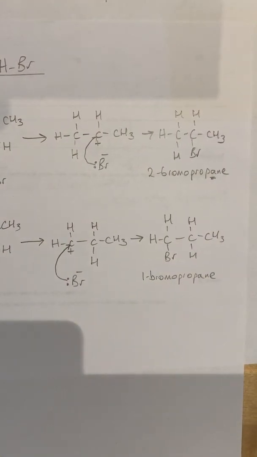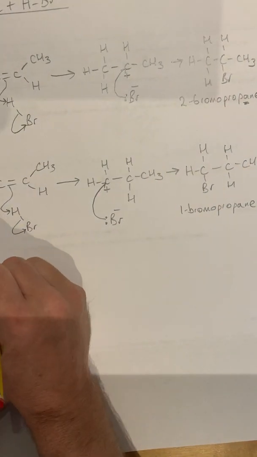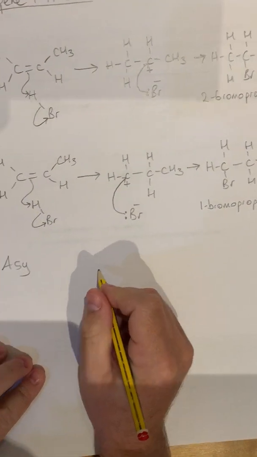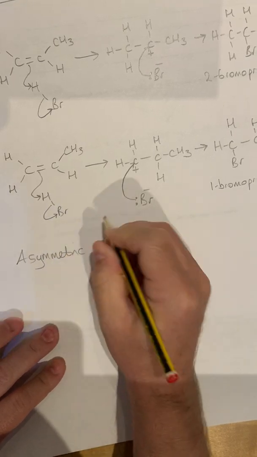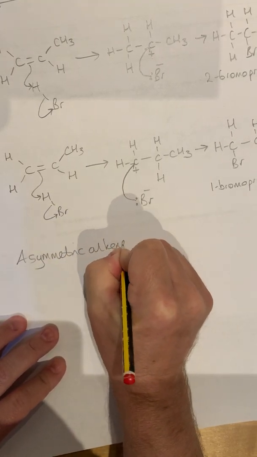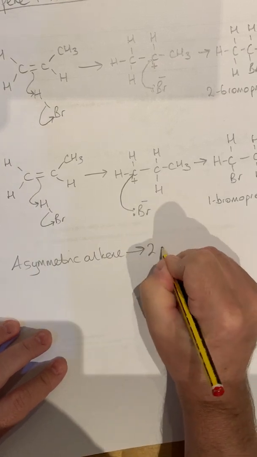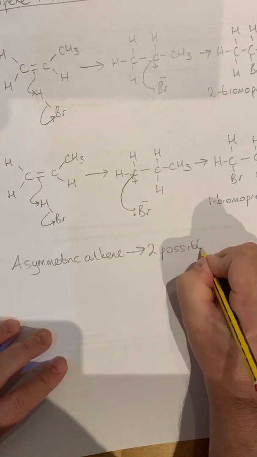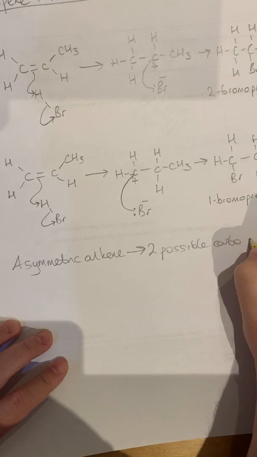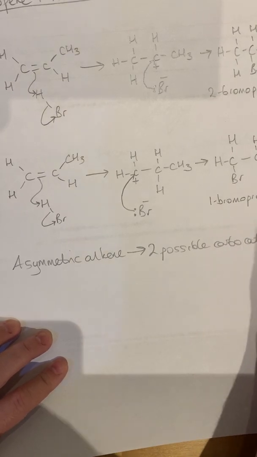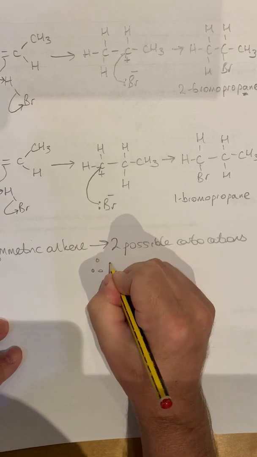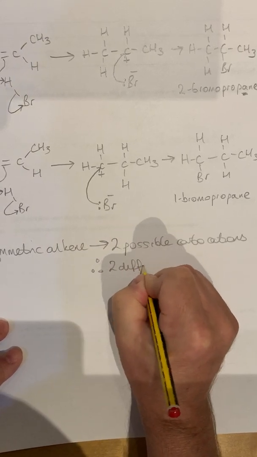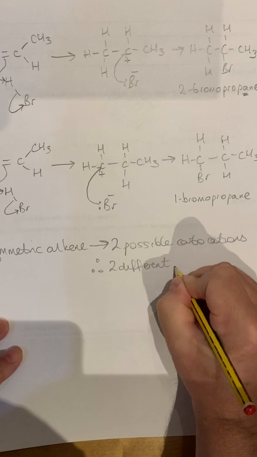So we've got two products. So an asymmetric alkene, that gives us two possible carbocations. And therefore two different products.